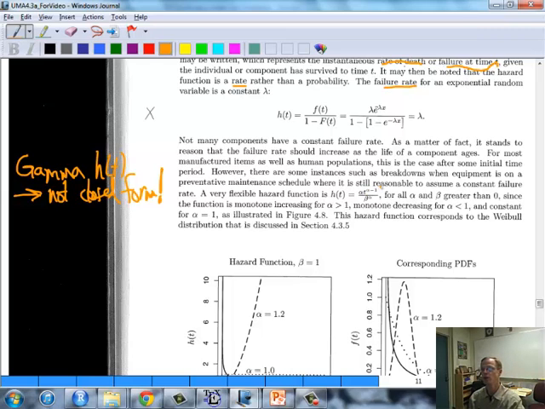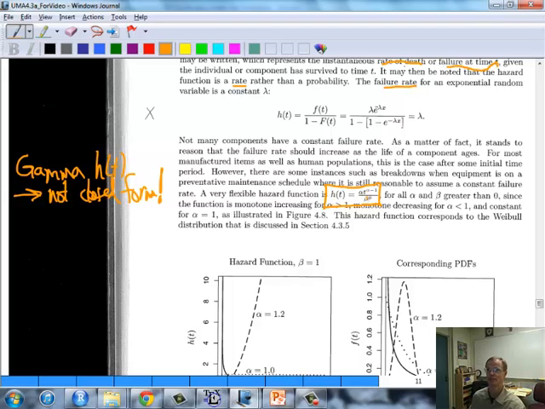So we start with this hazard function here, which turns out to be a well-behaved hazard function. You can see that it's in the form of a power. And if alpha is bigger than 1, then it's monotonically increasing. If alpha is equal to 1, then you can see that this t term goes out and we just have 1 over beta.